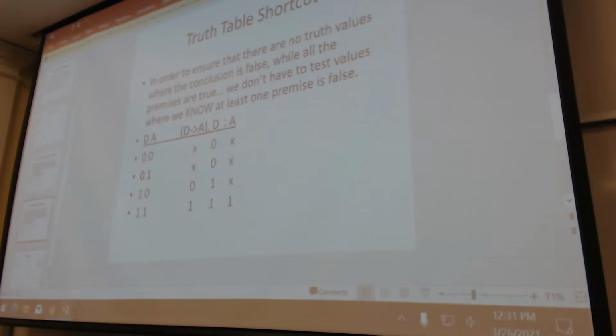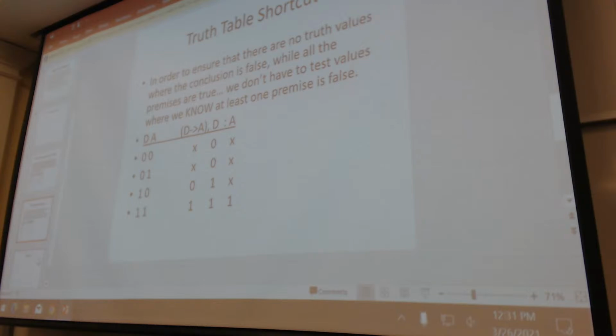Well, what you need to do is use shortcuts. What the shortcut strategy lets you do is rule out sets of truth values. It's a way of recognizing quickly that some of them cannot give you an invalid set of values.